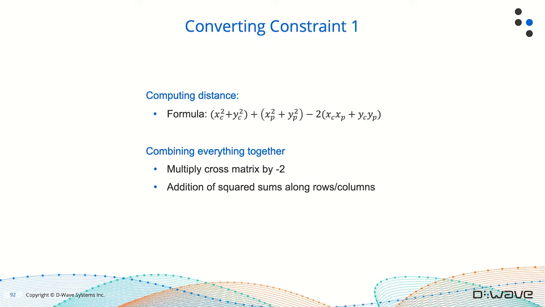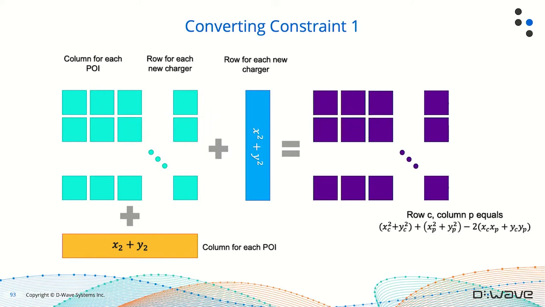So now I've figured out how to do basically all of this distance formula using matrix operations. So combining everything together, I'm going to multiply that cross matrix by -2. And then I'm going to add in those squared sums along the rows for the chargers and the columns for the points of interest. So let's see what that looks like. As a visual graphic, I've got the teal matrix where there's a column for each point of interest, a row for each new charger.